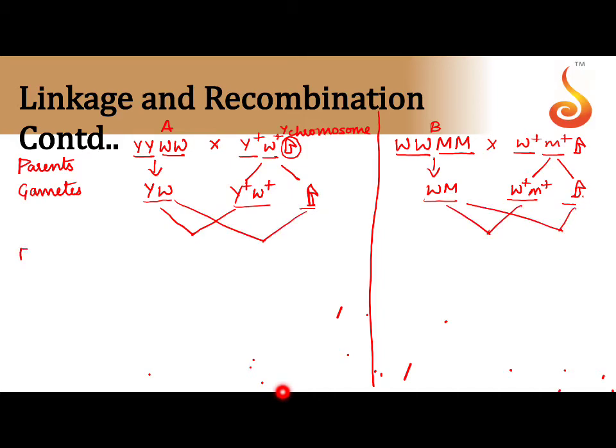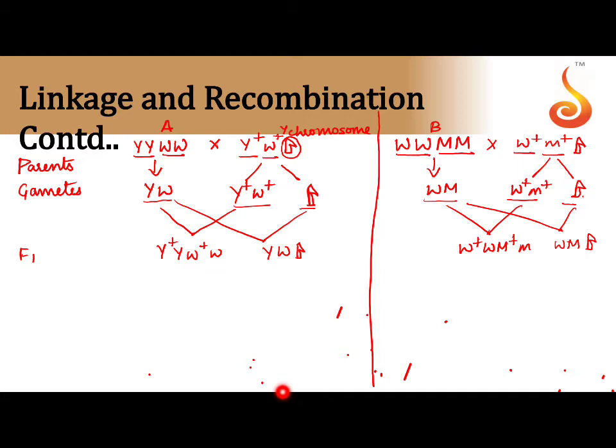In the F1 generation, you see that females will become Y plus Y, W plus W, and in case of males it becomes YW with the Y chromosome. Here also you get W plus W, M plus M, and WM and a Y chromosome. What does it signify?